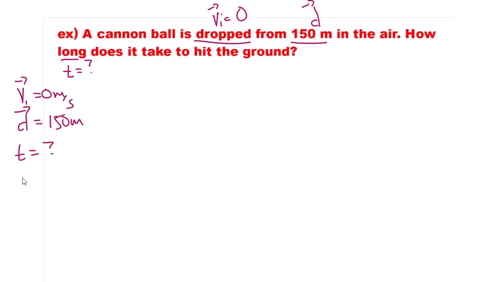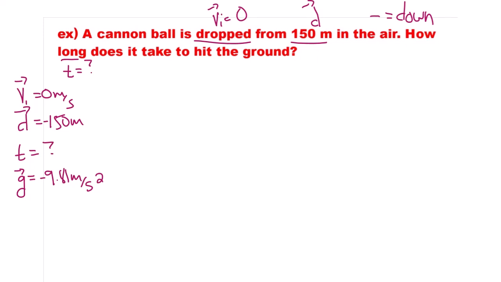So that means that acceleration due to gravity, g, is negative 9.81 meters per second squared. And if the cannonball starts from 150 meters up and it falls down, it's falling in the same direction as g. So this really should be negative too. We use negative as the down direction, typically.